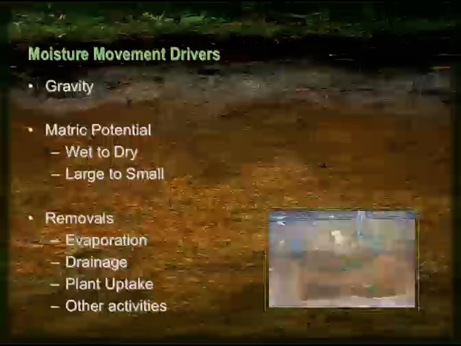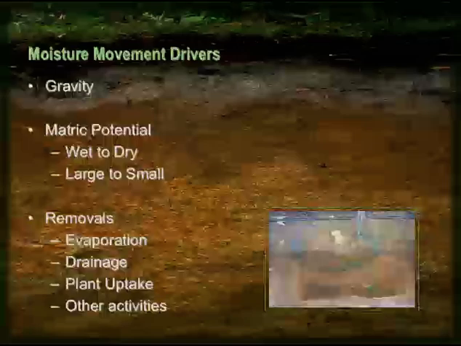In agriculture, a lot of the time we talk about evapotranspiration. Evapotranspiration is just a combination of transpiration, which is the water that the plant uses, and evaporation, which is what is simply evaporated off the soil surface. Those two elements make up evapotranspiration.